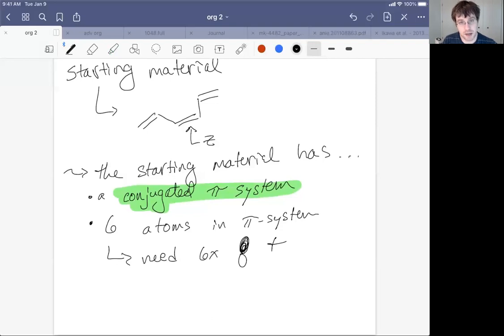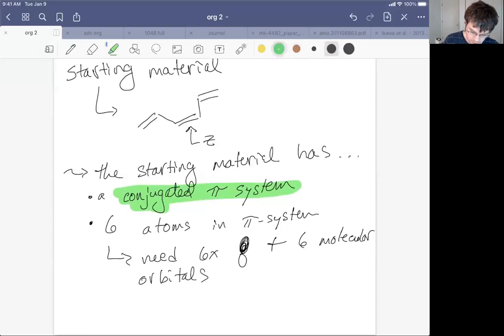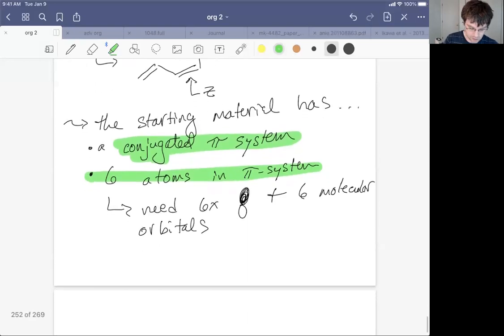If we take 6 atomic orbitals to construct the molecular orbitals, we result in 6 molecular orbitals. So these 6 atoms in the conjugated pi system tell us how many molecular orbitals we have and also how many non-hybridized p orbitals we use to build each of the molecular orbitals.